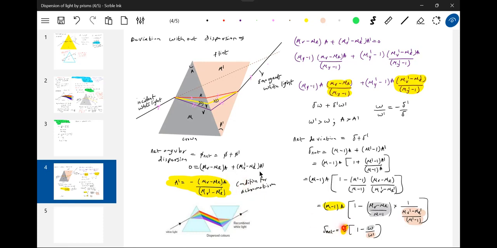Do remember, this will be a very, very important equation. If you know the formula, because in the exam you can't derive, you are supposed to remember this. Net deviation, I already wrote it here.